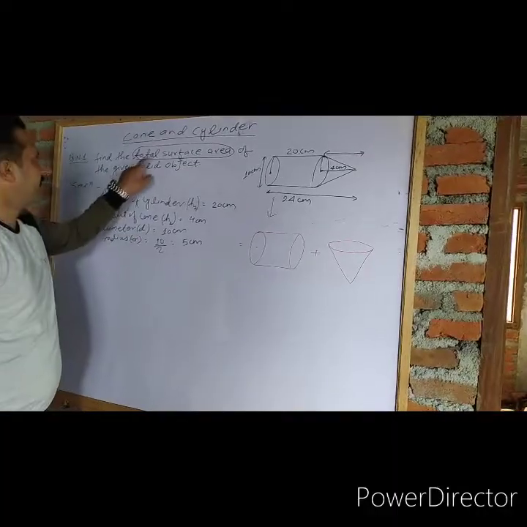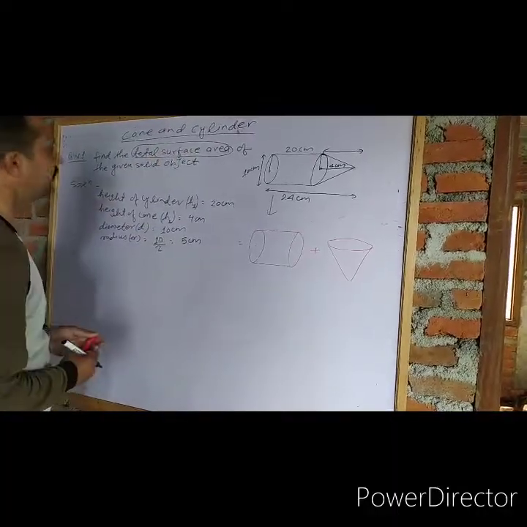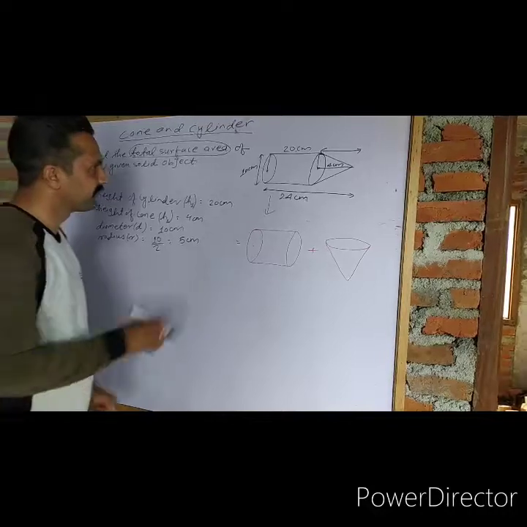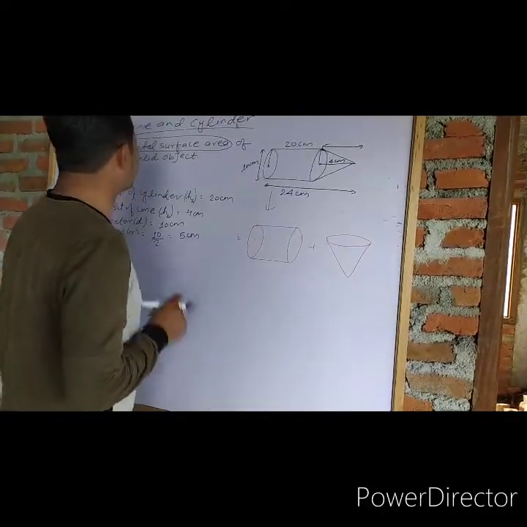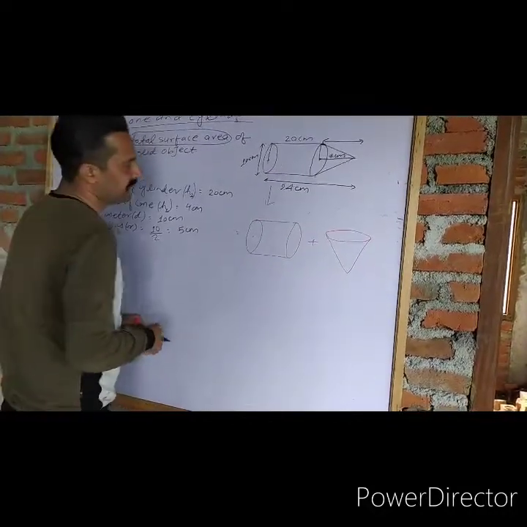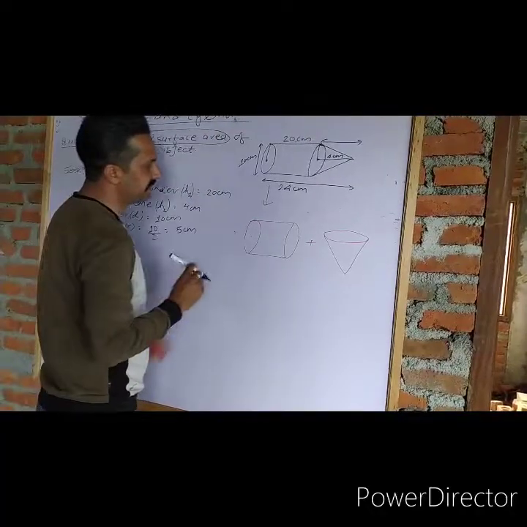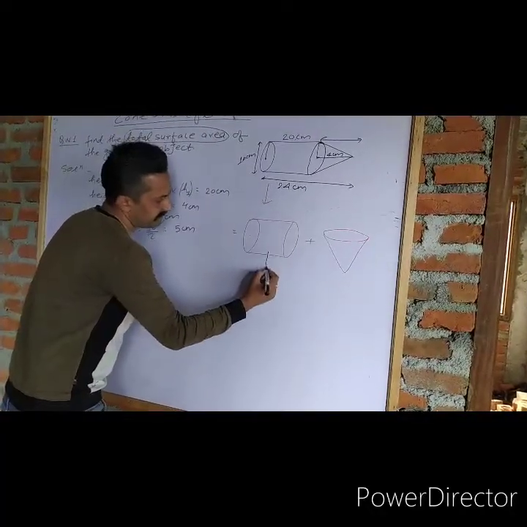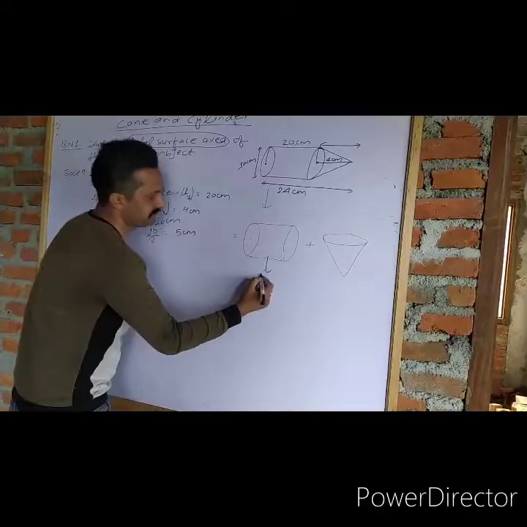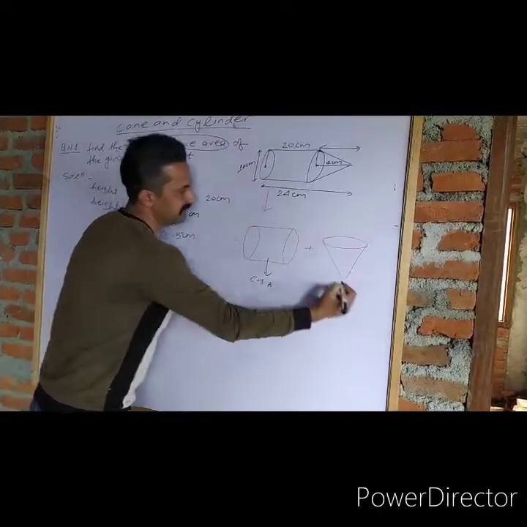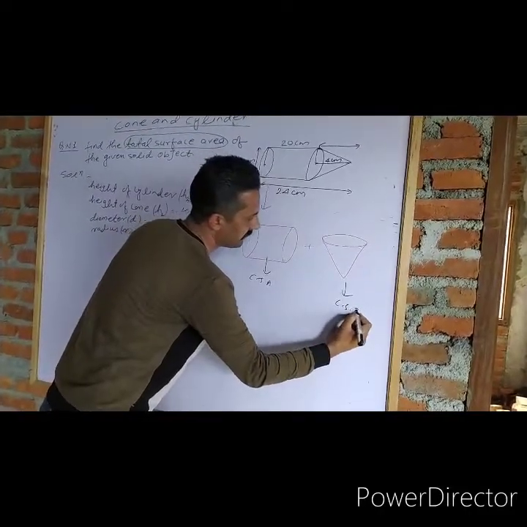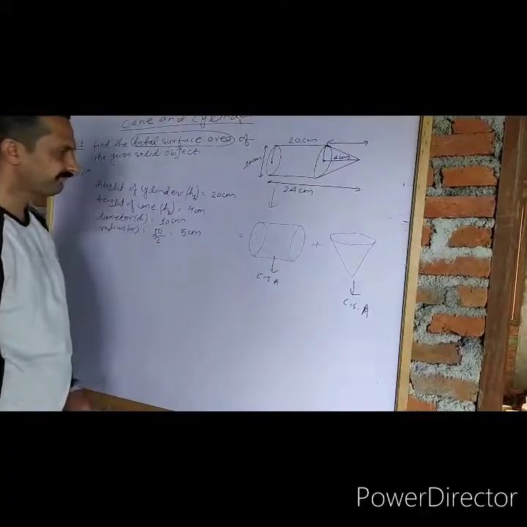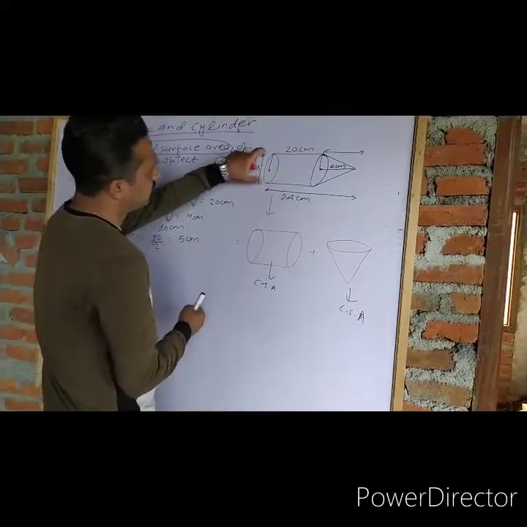In this question, you have to find the total surface area of this given solid. To get that total surface area, we have to find the curved surface area of cylinder, curved surface area of cone, plus base area.